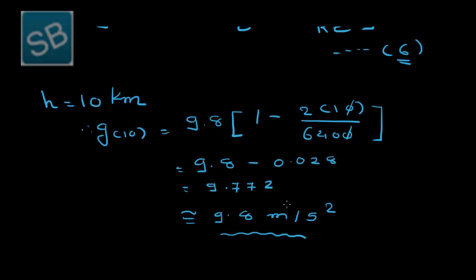Thus, on the Earth's entire surface and for small heights outside of the Earth, we can take the value of g equal to the value of g_E, that is 9.8 meter per second square. And now we will solve the example related to this theory.